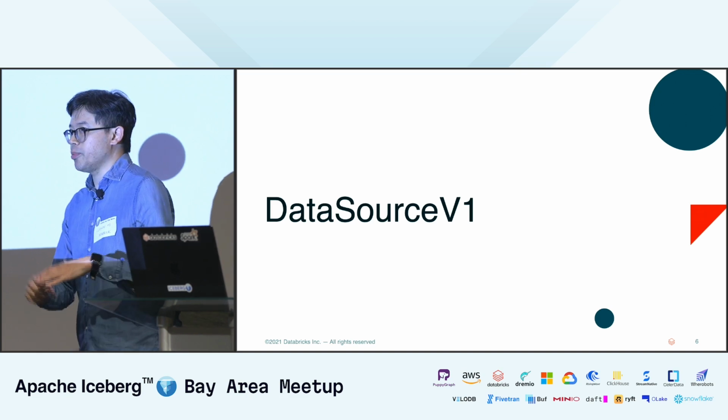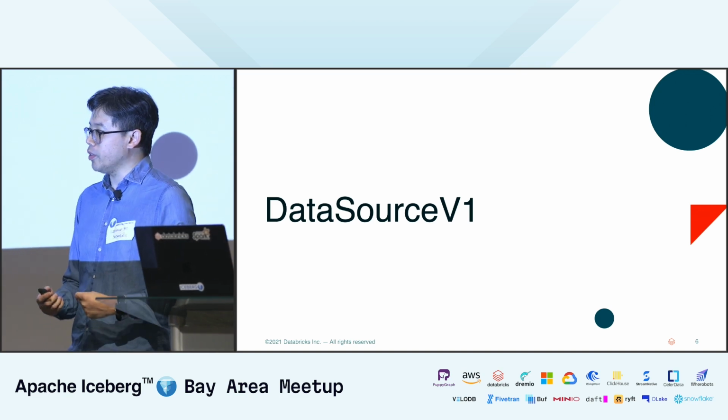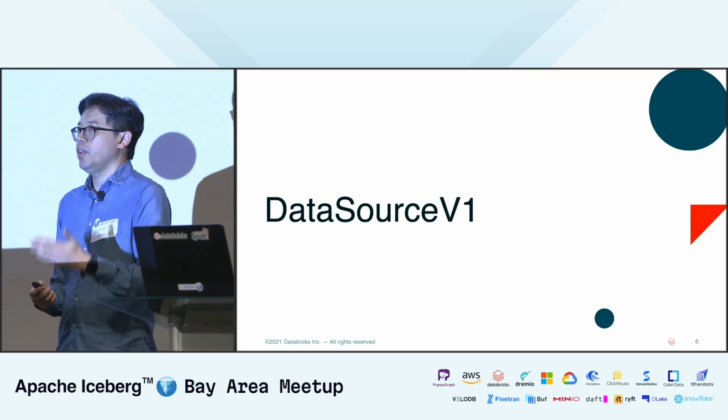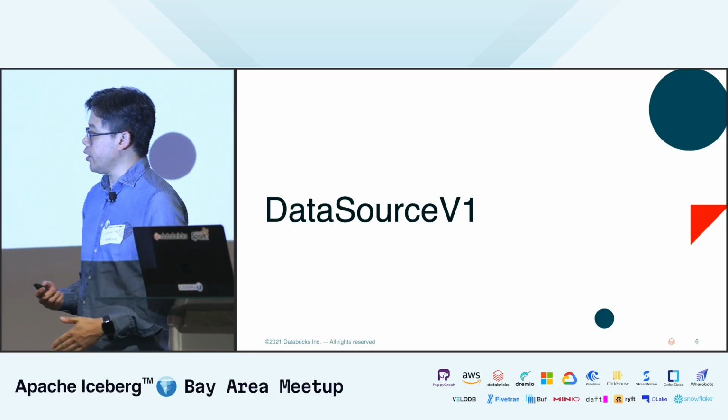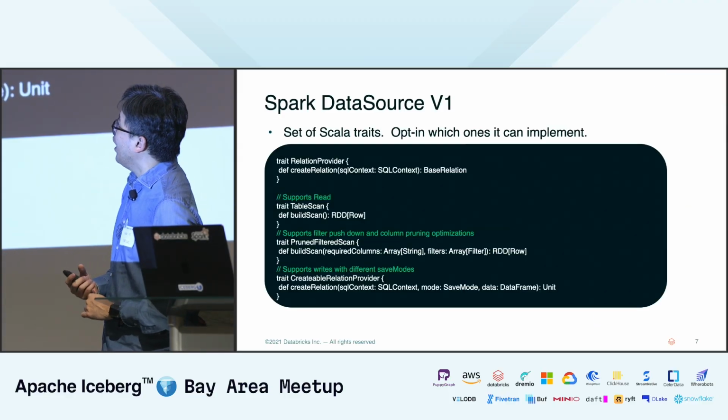So hopefully I explained the benefit of having a good data source API. And I'll talk a little bit about what the data source V1 API looks like and go into DSV2. So this talk is more a dive into various aspects of the API.